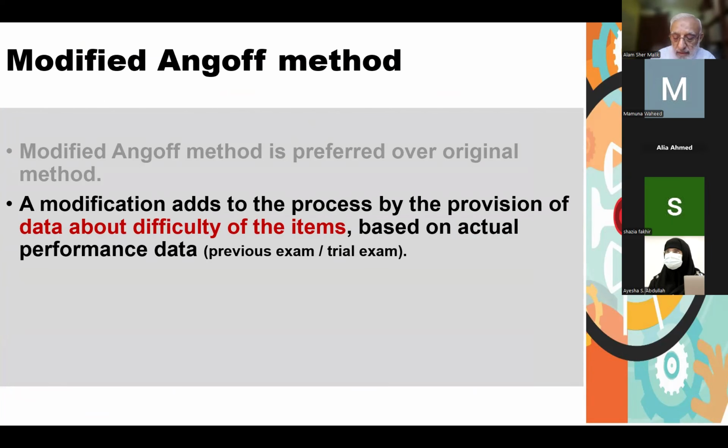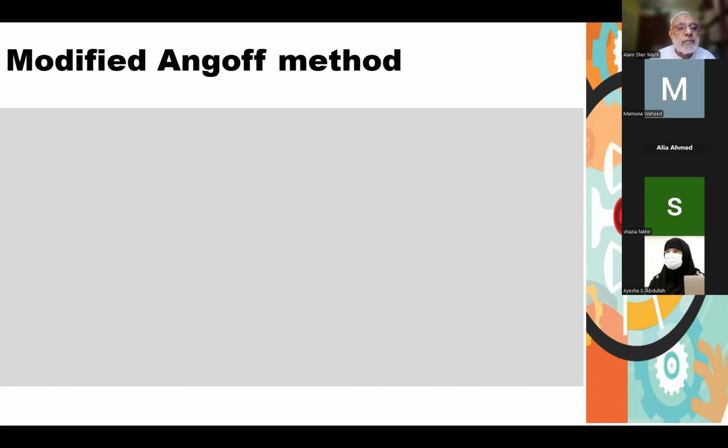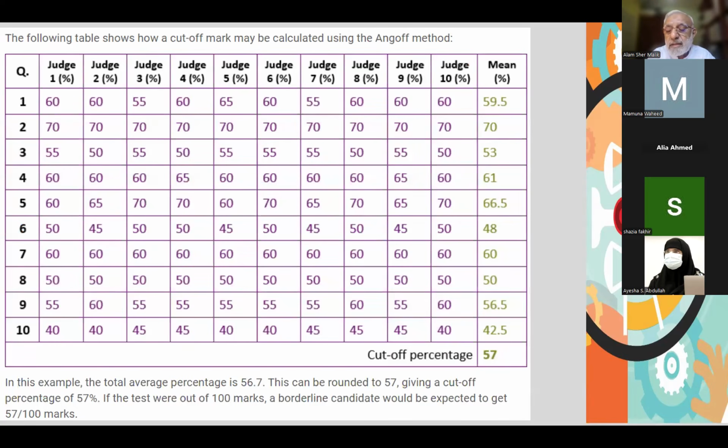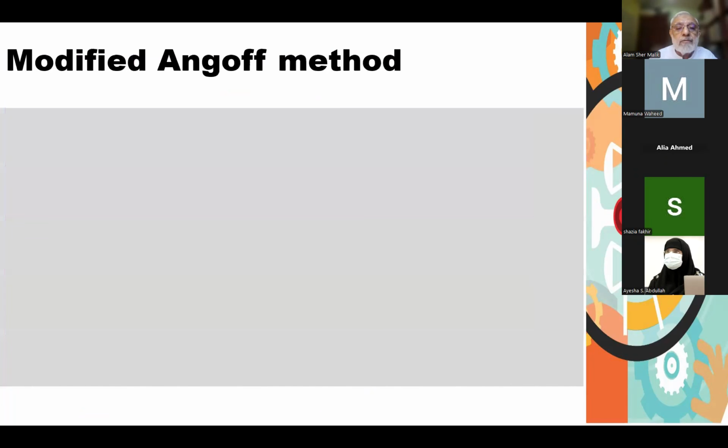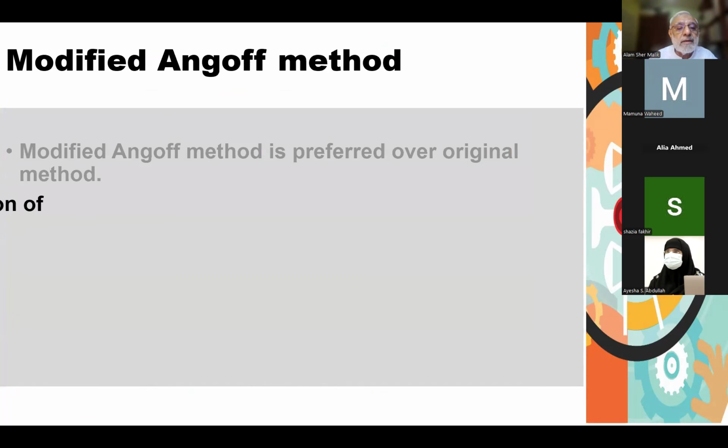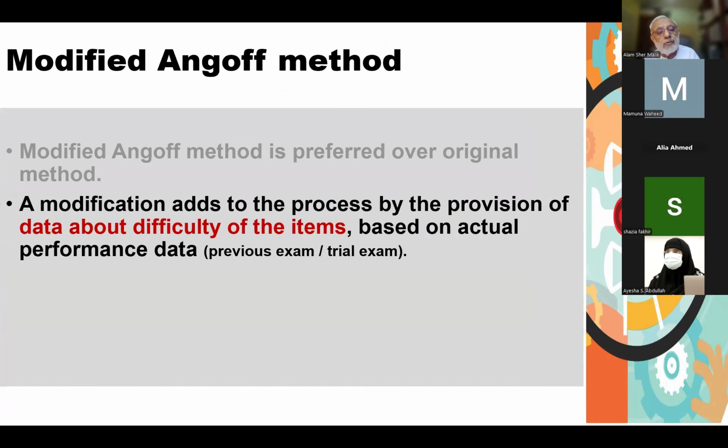So let's say in the original Angoff method, the SMEs don't have any previous data with them, but in the modified Angoff method, the SMEs may be provided data of, let's say, some previous exam or trial exam, so that they can get an idea of what level a minimally competent student would have.